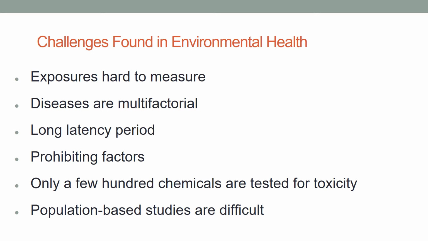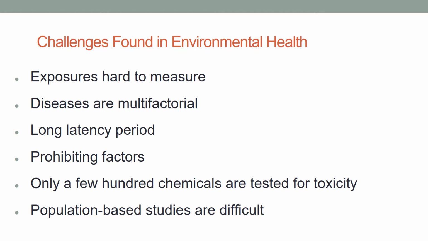There are also other prohibiting factors when it comes to trying to access information about chemicals within products. There are confidential business information claims that organizations have that make it difficult for people who are trying to inquire about the content and chemical composition of products, and they are unable to access the full list of ingredients.